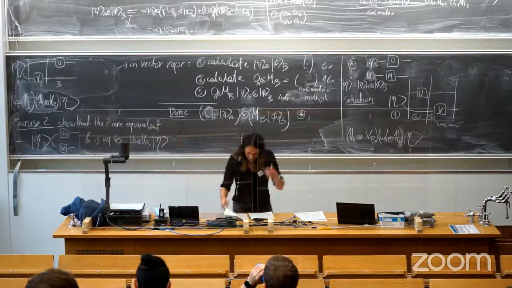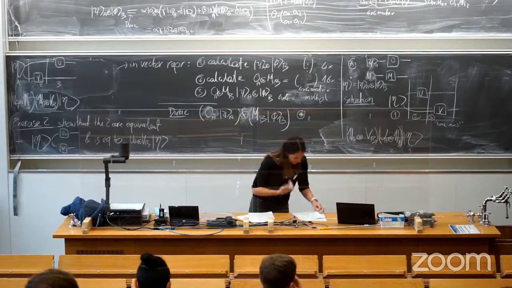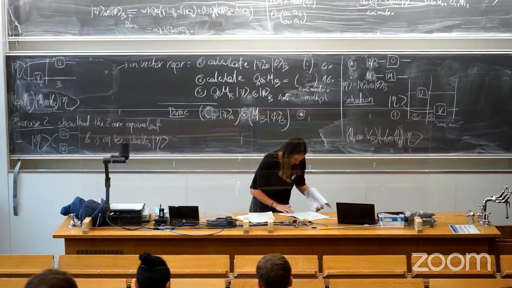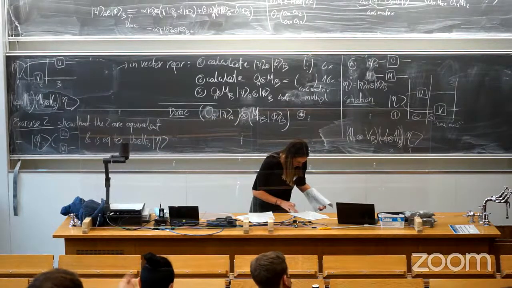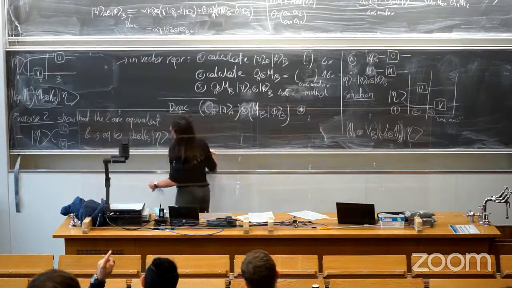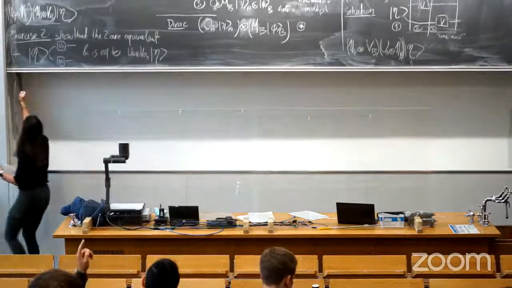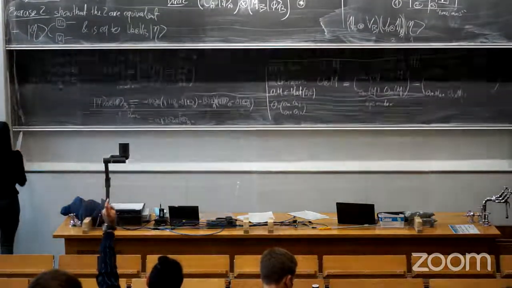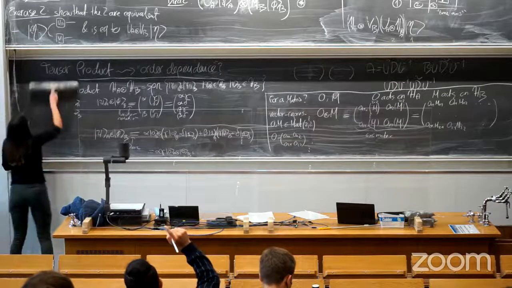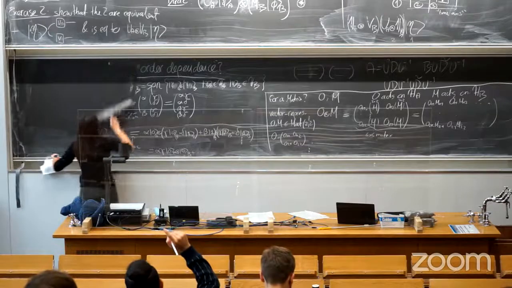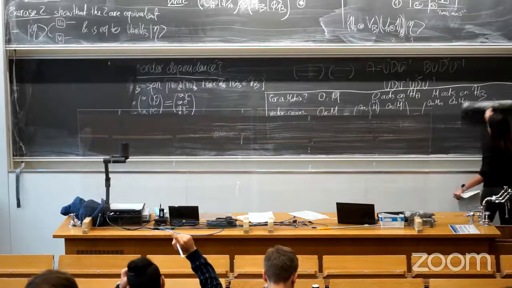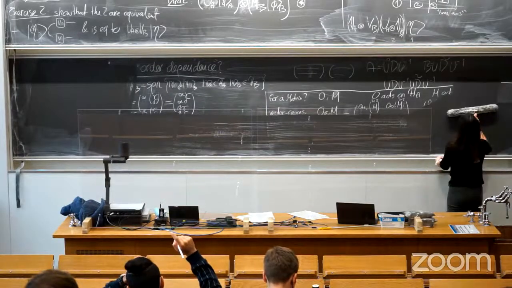And this is a property of tensor products, which you show in the exercise class, and it's something you will always have and can use for exercises, for the exam, and so on.